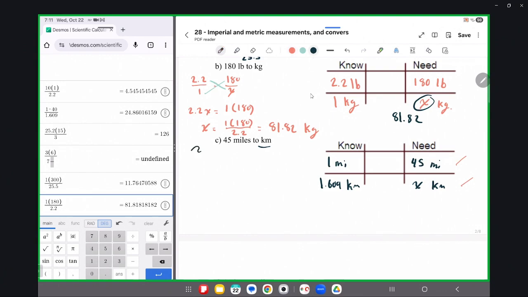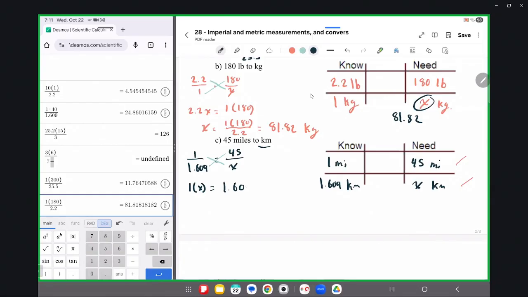So 1 over 1.609 is equal to 45 over top of x. Using the means and the extremes, we have 1 times x, which is going to be x, is equal to 1.609 multiplied by 45.